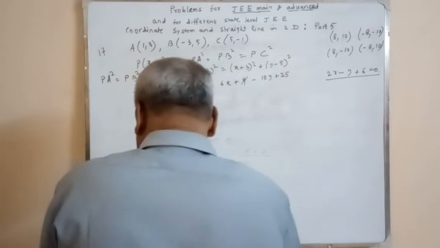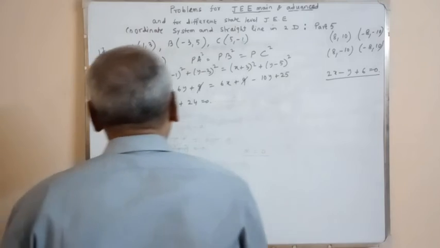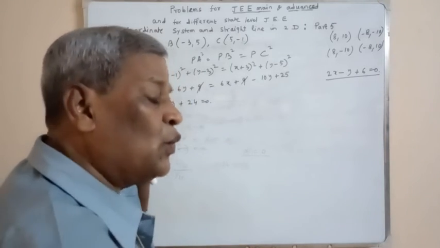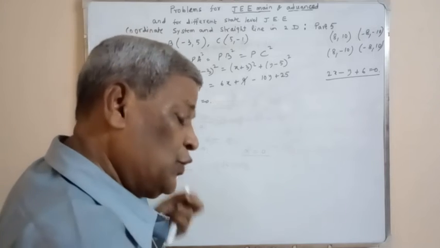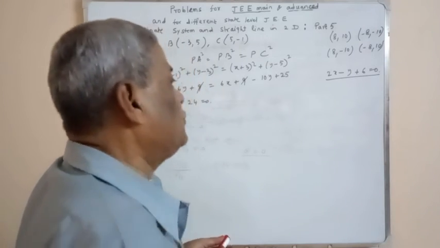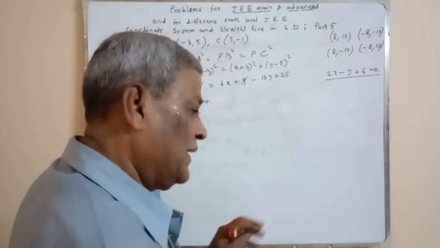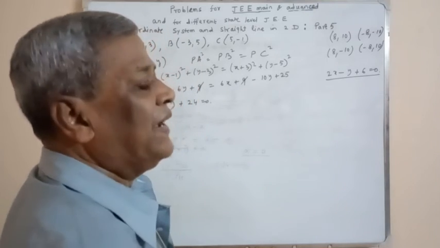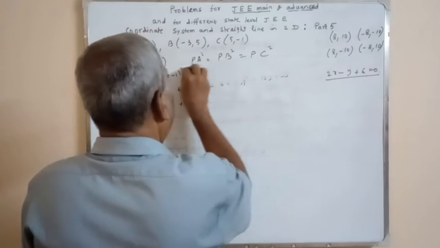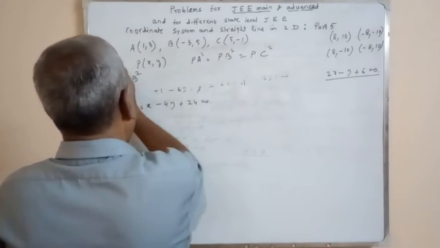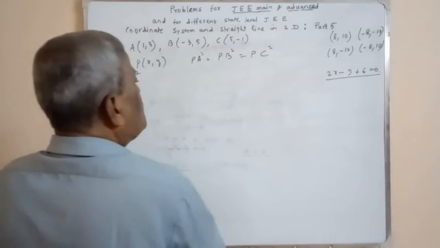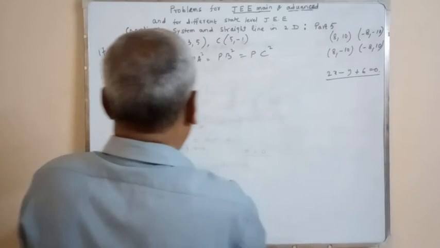Now, once again, because x and y are two unknown quantities, and we get one equation. So similarly, if we get another equation of similar type, then by solving them, we can find x and y. For that purpose, take PB square is equal to PC square.